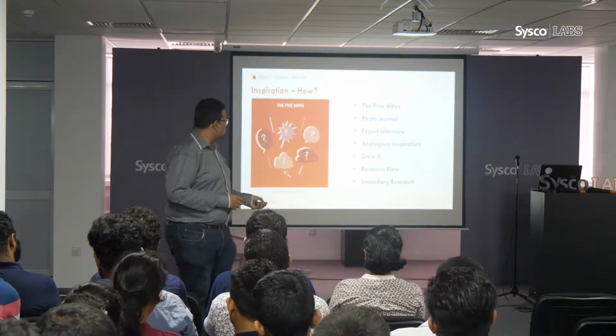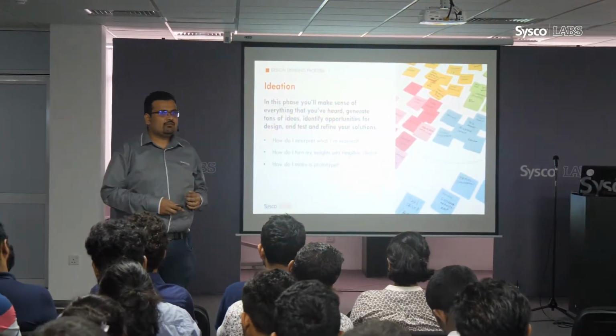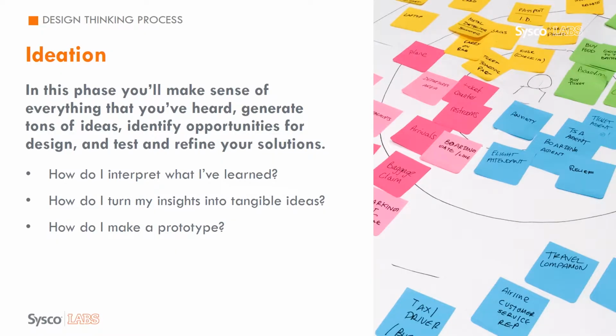So when you move to the next phase, ideation, basically here we have information. What should we do with the information? The common three questions which come to any individual who is starting this design thinking process would be: how do I learn things from this and use it?